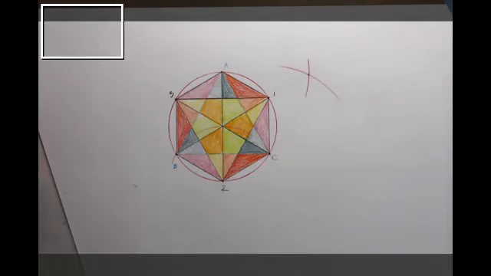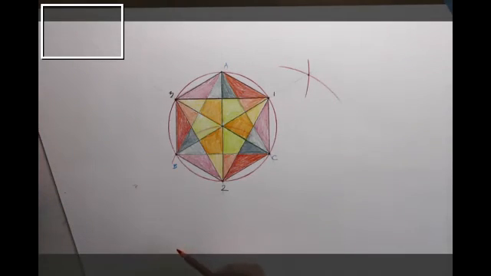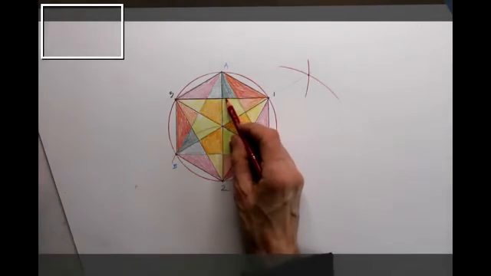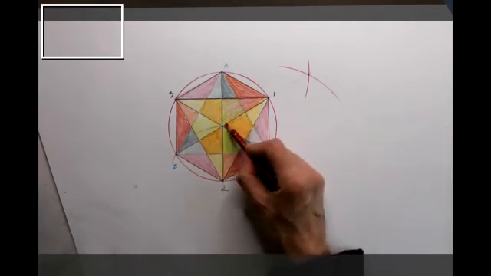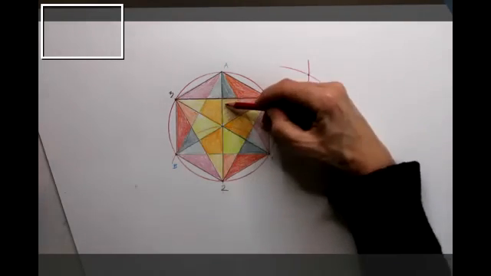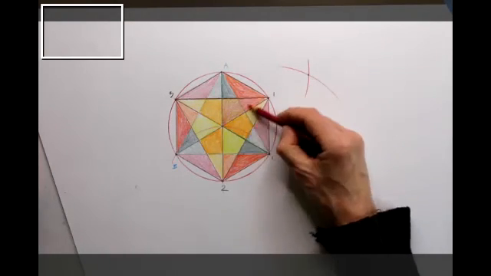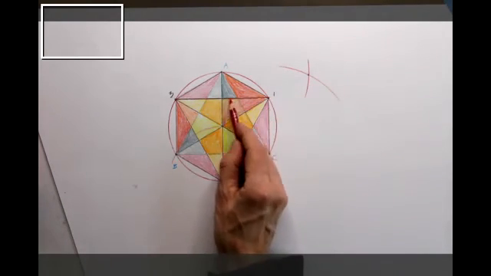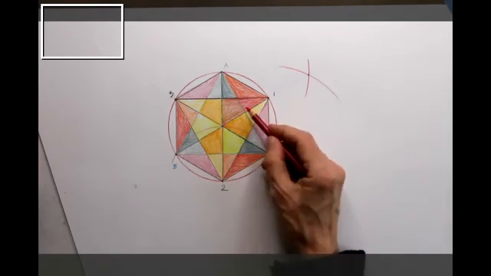Okay, so we see the pattern is getting slightly more complex. Maybe I would decide I want to try to knock it down and simplify it a little bit by covering one of those segments in a darker value and eliminating the differences between the two.